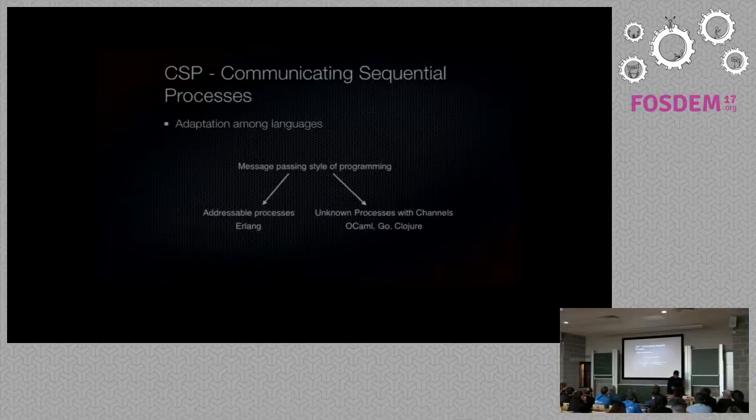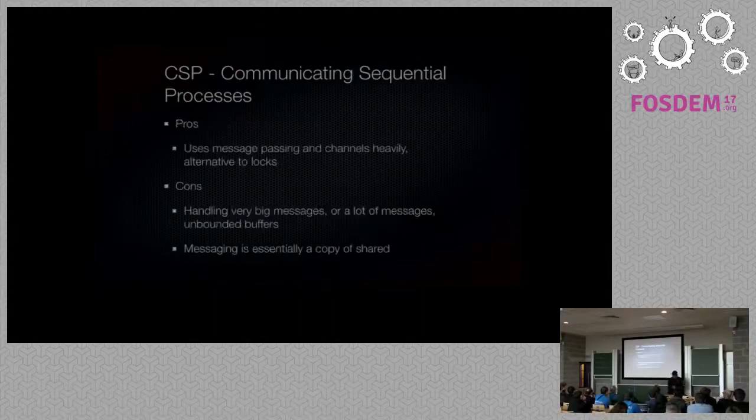So the message passing style of programming is also followed by Erlang. Erlang doesn't follow CSP, but the style of message passing is done by Erlang, and also languages like OCaml, Go, Clojure do that with channels. The pros of communicating sequential processes is that it uses message passing and channels heavily, as an alternative to locks.